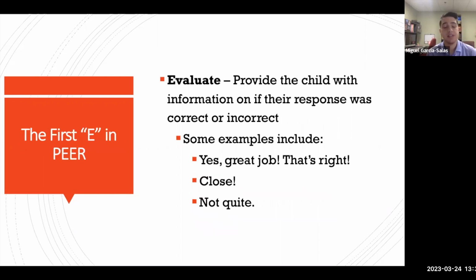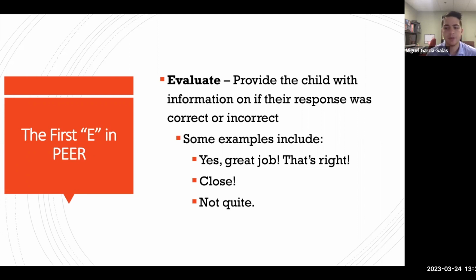Okay, so the next stage is to evaluate, and this is pretty simple. After we prompt the child and the child responds back to us, we're going to provide information on whether that response was correct or incorrect, right? Sometimes that'll be more clear. There'll be very clear correct or incorrect answers, like that is a dog, or that's not a dog.